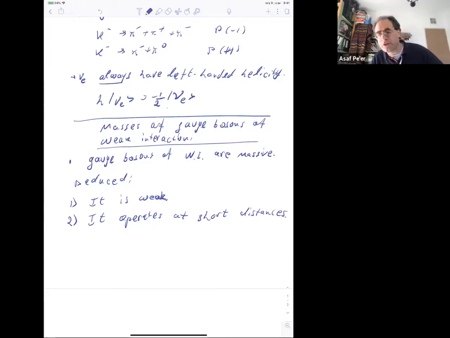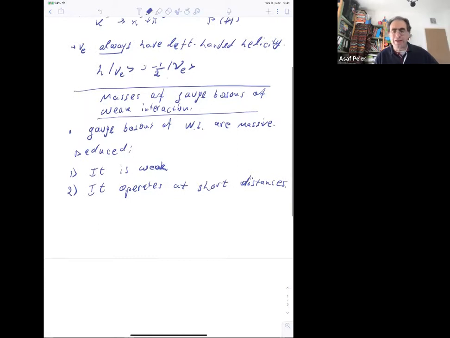Let me go over that carefully. So let's look first at the weakness of the interaction, and how that is related to the fact that the gauge bosons are massive.